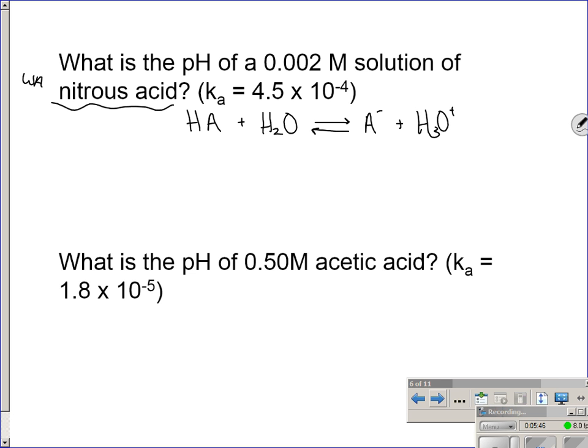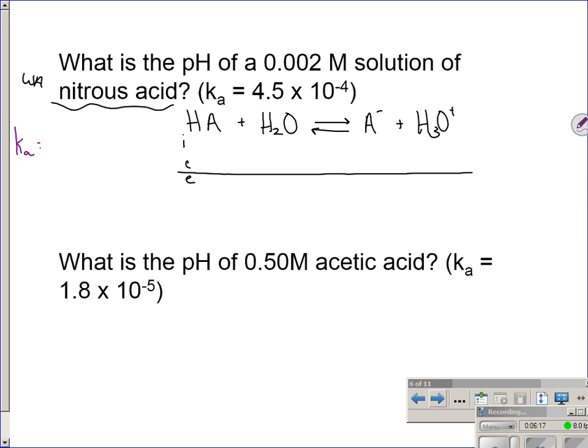Acids make hydronium whether they're weak or strong. This is a weak acid, so this is in equilibrium. You are told that the acid dissociation constant is 4.5 times 10 to the negative 4. So the two things you should always do when you approach these problems is go ahead and make an ICE chart, do your stoichiometry chart, and write your equilibrium constant expression.